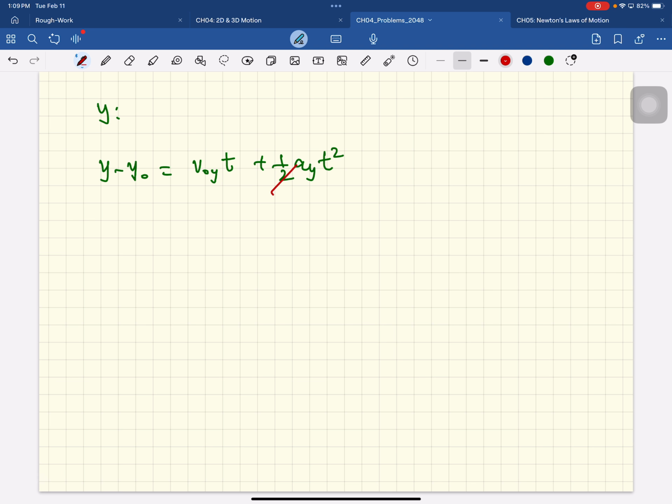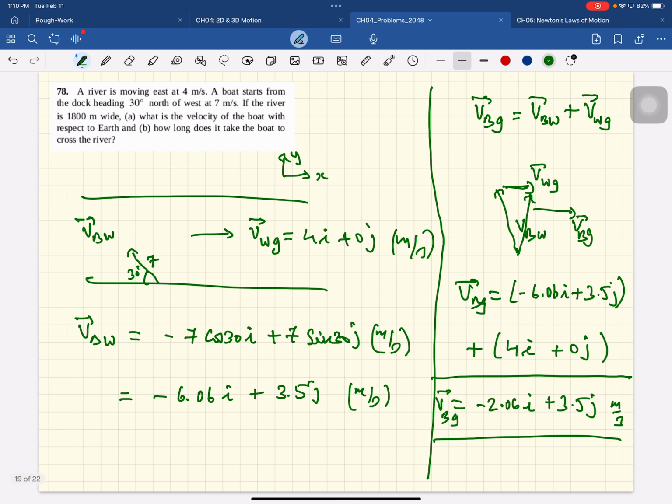No. Okay, so the final y location is what? 1800 meters. And v naught y is 3.5 meters per second.